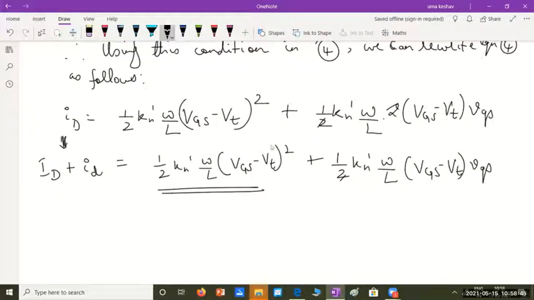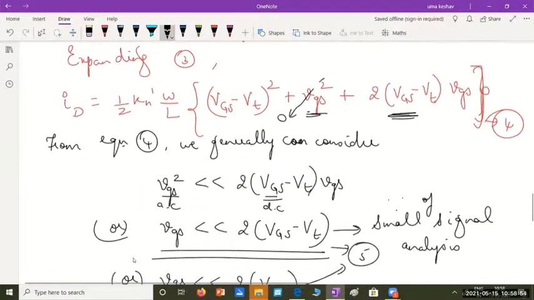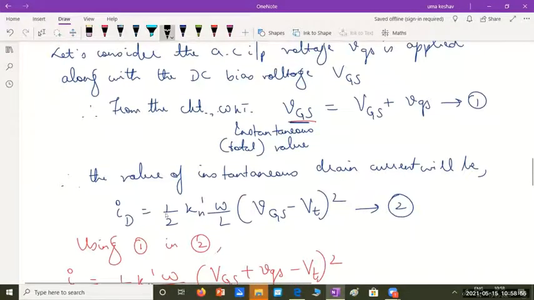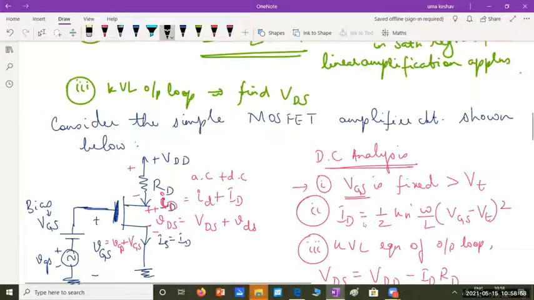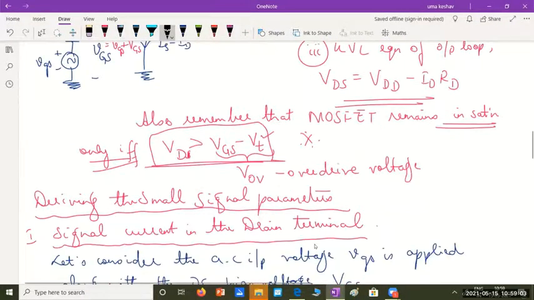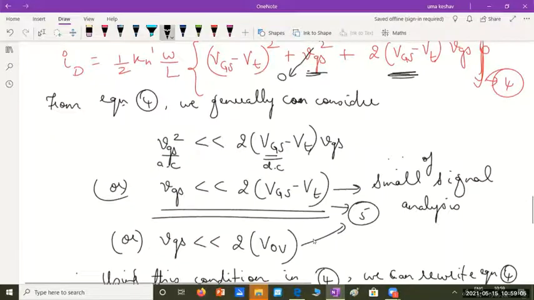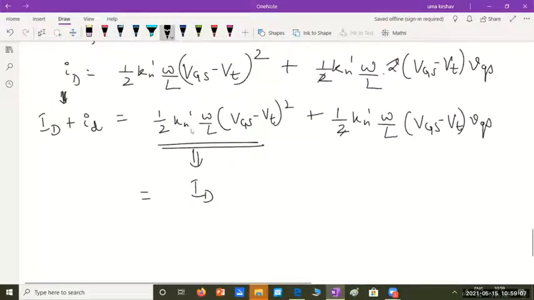See, what was this equation for always? This was the equation to find the drain current ID, yes or no? In all the biasing arrangements, please observe, whenever we needed to find drain current, we used to say half Kn dash W by L VGS minus VT the whole square. Hence, this is nothing but ID, the first one, and this gives you small ID, or in other words, I can equate this to this.